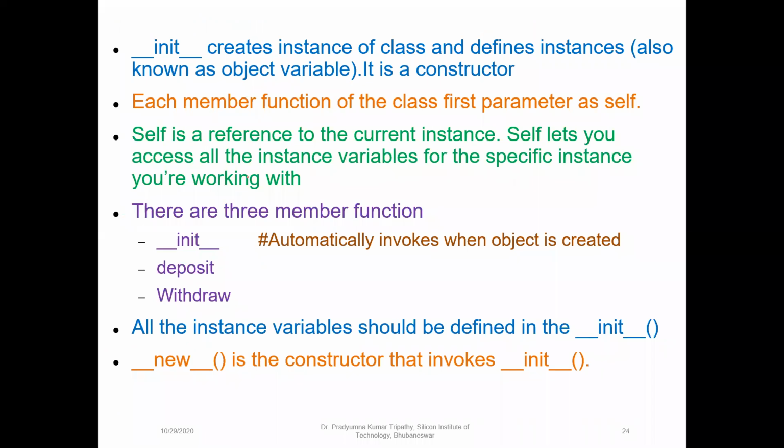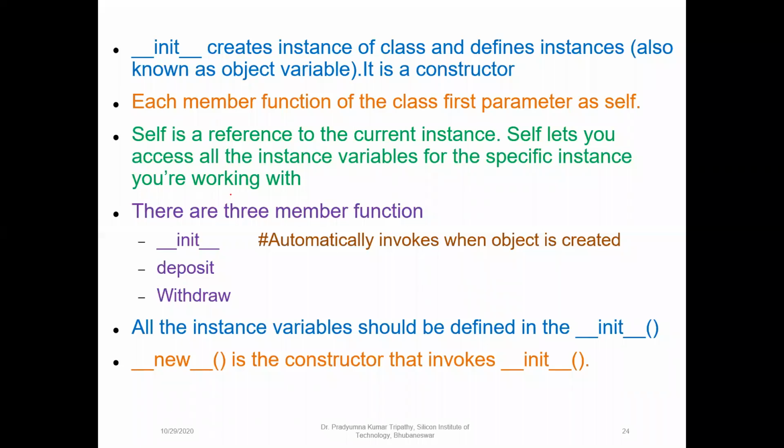So the INIT creates an instance of a class and defines instances, also known as object variables, and it is a constructor, right? Each member function of the class takes the first parameter as self. So what is the first parameter? Self.